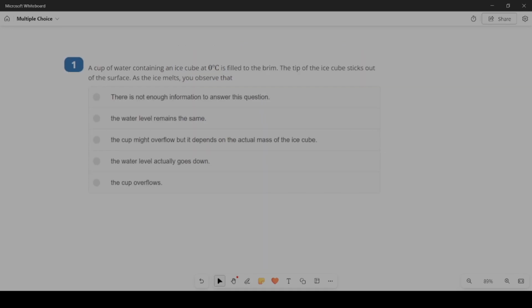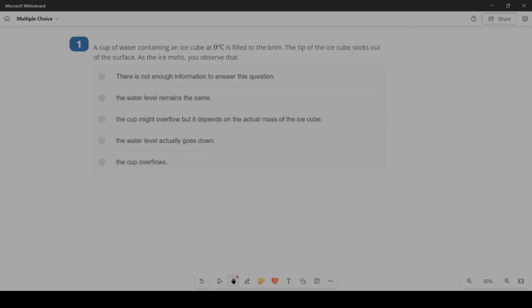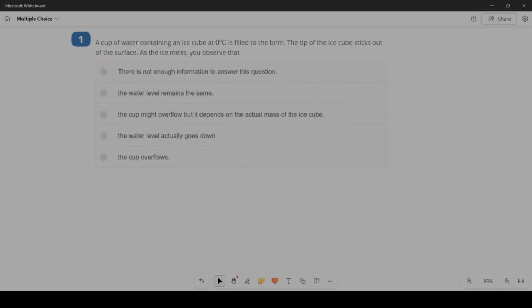Oh, this one's nice. A cup of water containing an ice cube at 0 Celsius is filled to the brim. Right? So I have a cup of water filled to the brim. And I still have an ice cube here.